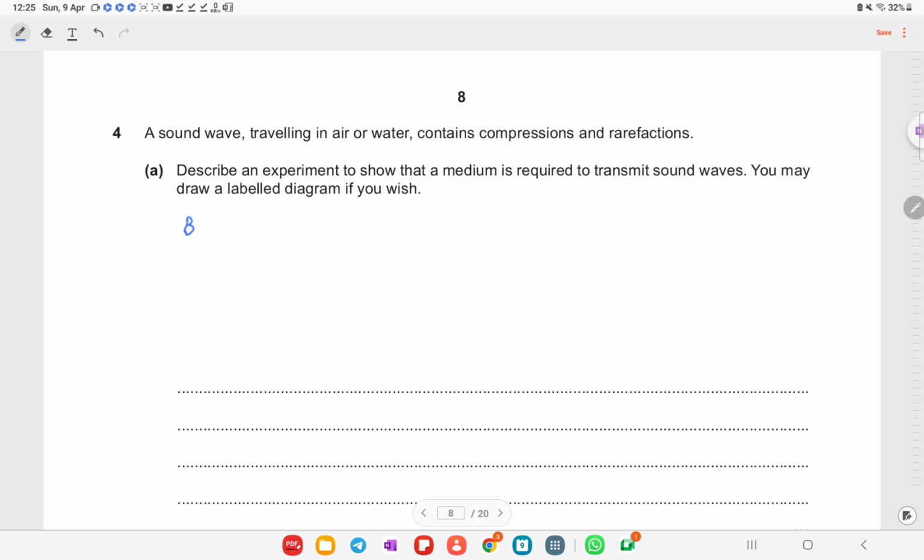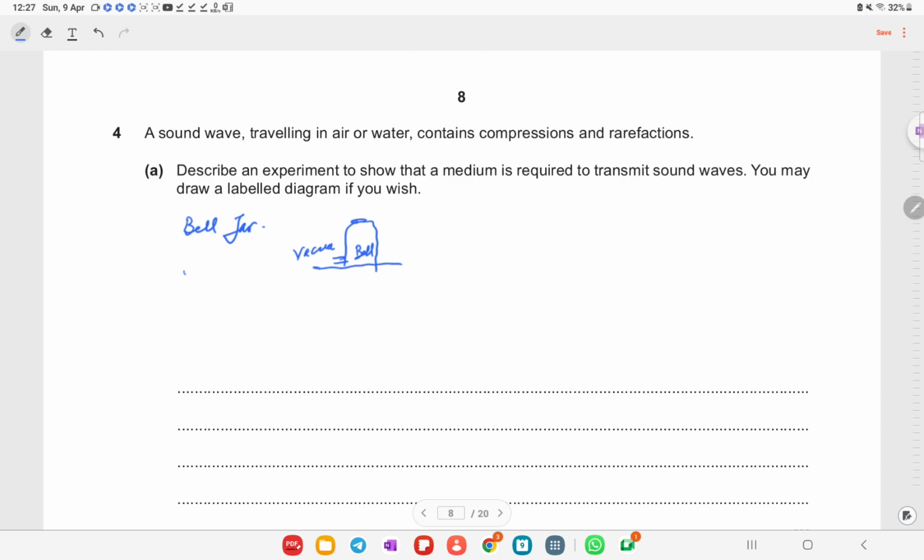You can have a bell jar apparatus in which you can see this. If this is your bell jar, it's going to be like this, and inside this there is going to be a bell. If you switch on the bell, you will hear the sound, and if you create a vacuum in it, sucking all the air out of the bell jar, obviously, what will happen?